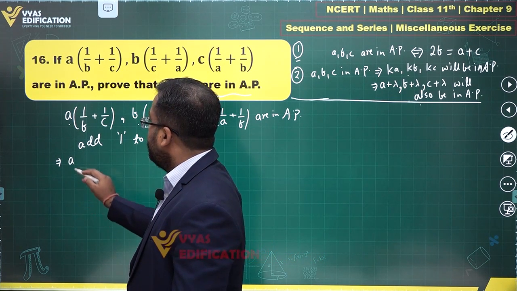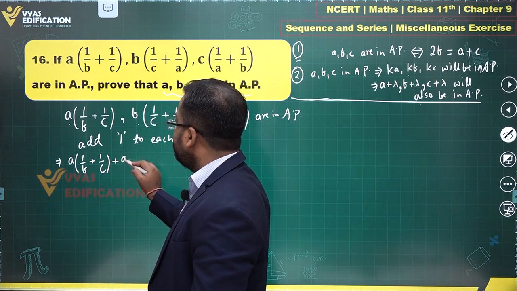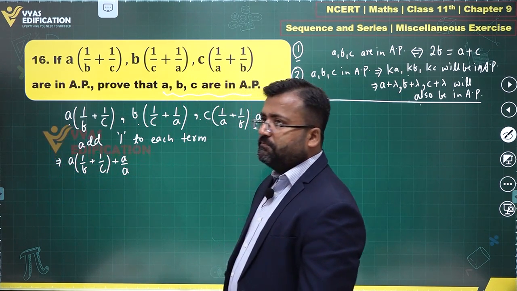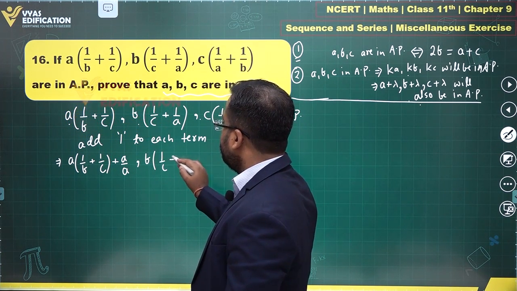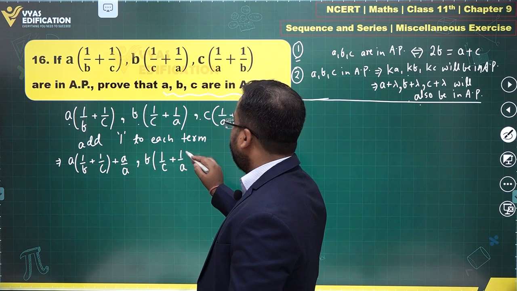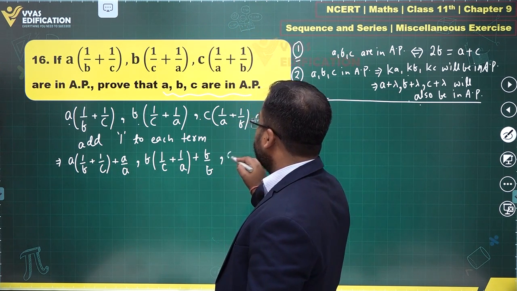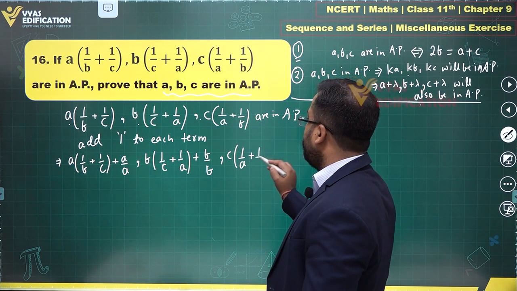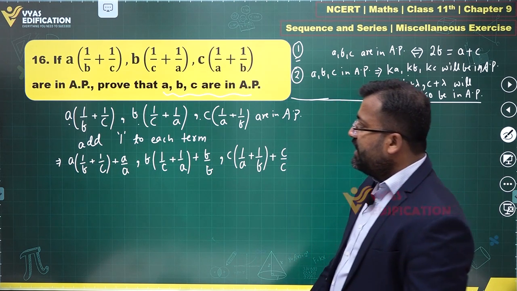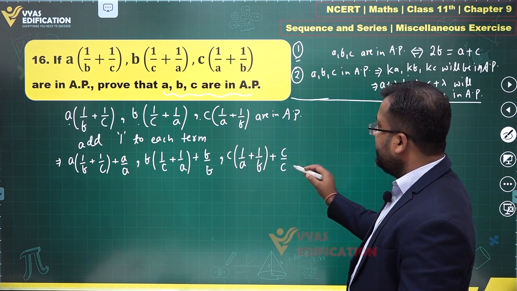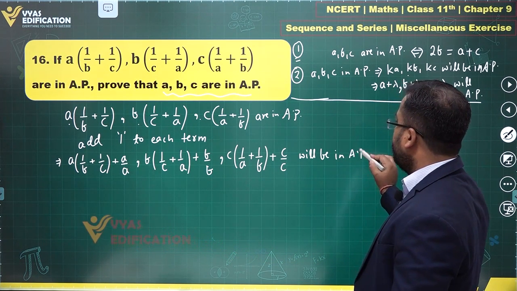A times 1 upon B plus 1 upon C, and that 1 can actually be written as A upon A for this one, comma B times 1 upon C plus 1 upon A plus 1 can be written as B upon B, comma C times 1 upon A plus 1 upon B plus 1 can be written as C upon C. These three terms will be in AP.